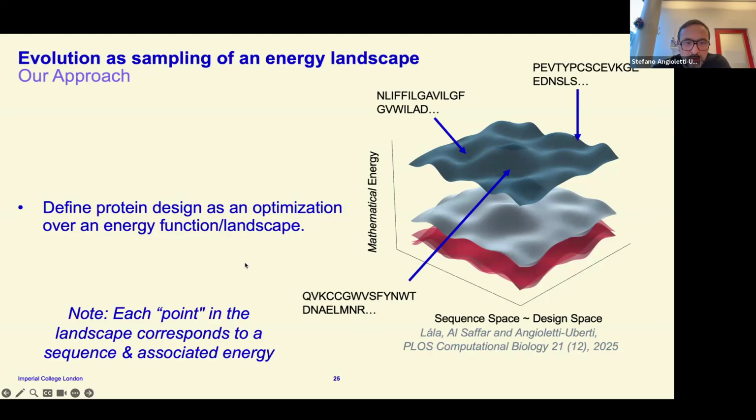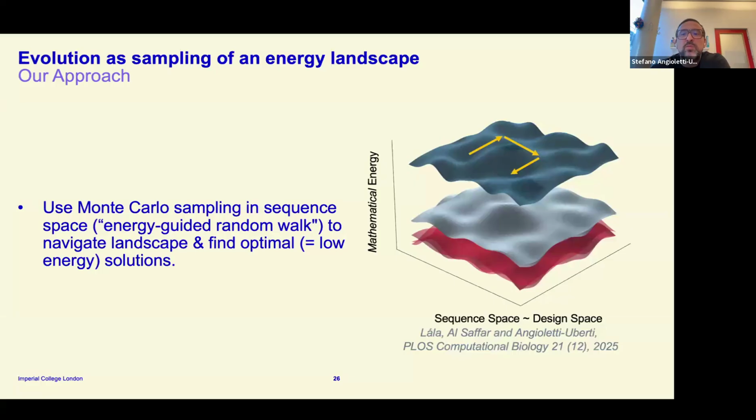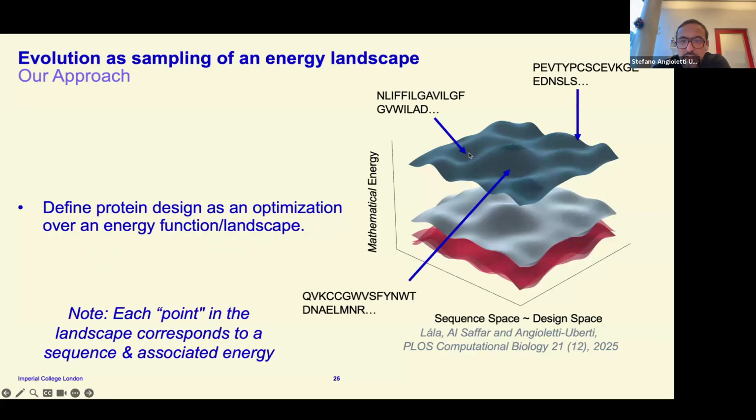So what we do is we start from a point that can correspond, as I said, either to an initial sequence from a protein that we know is close to the solution we want, or you can start from scratch, that doesn't matter. Effectively, we do a random walk or a semi-random walk directed by the energy. You start from this point here, which corresponds to this sequence here.